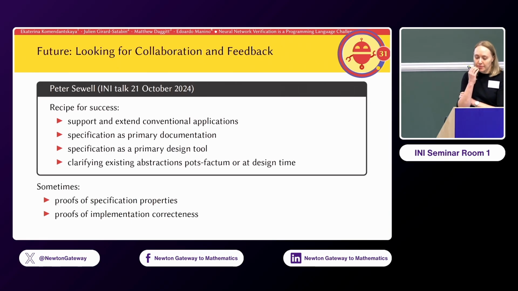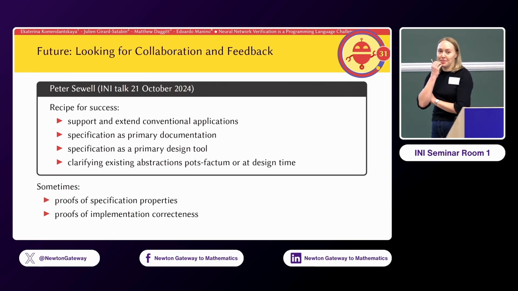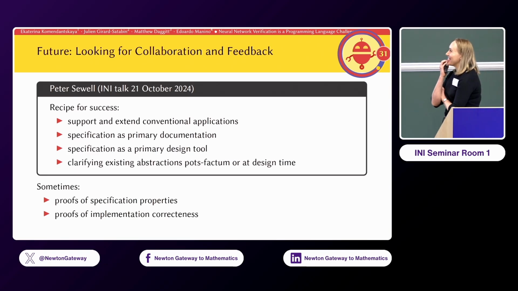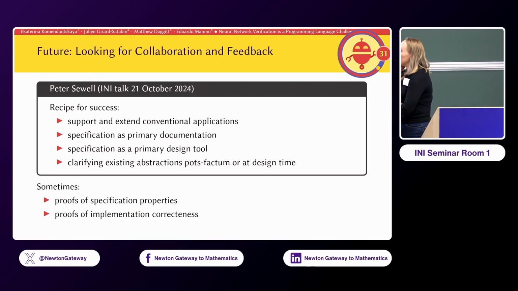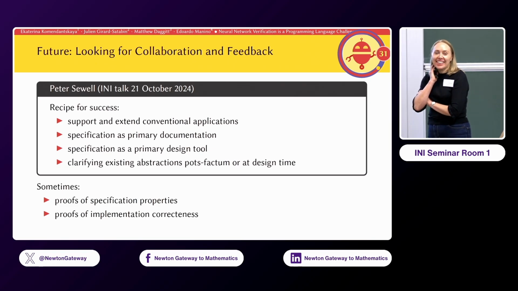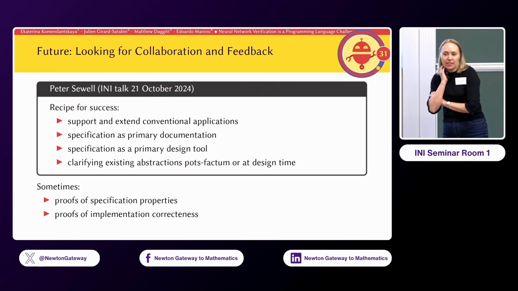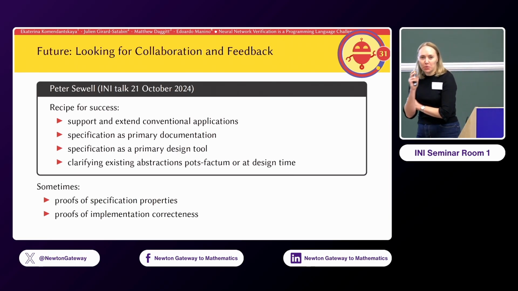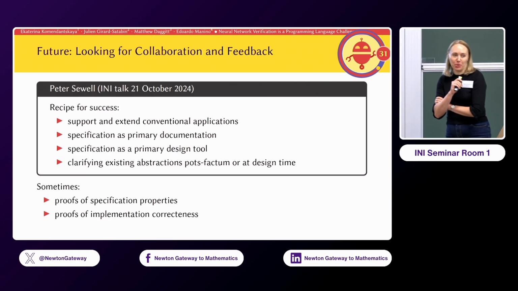But I was listening to Peter's talk yesterday, and I copied over his recipe. So recipes for success of any verification project, according to him, is support and extend conventional applications. It's something that we intuitively did when we started this project. We looked exactly how machine learning people define the problem, exactly how those people who build neural net verifiers define this problem.